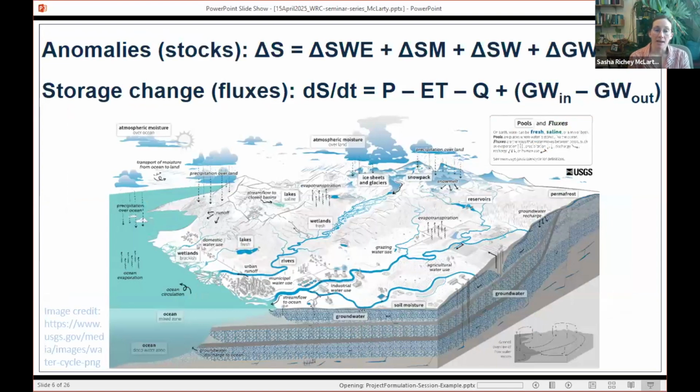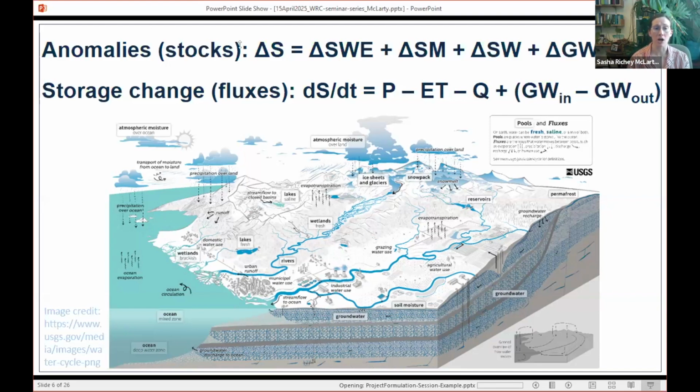So the way we apply this to the water cycle, this is a beautiful updated image of where we have water stored on and moving through the landscape. We just think of the basic water budget that kids learn about in school. And we have two different ways to formulate the water budget equation, both of which can be applied to the observations from GRACE.